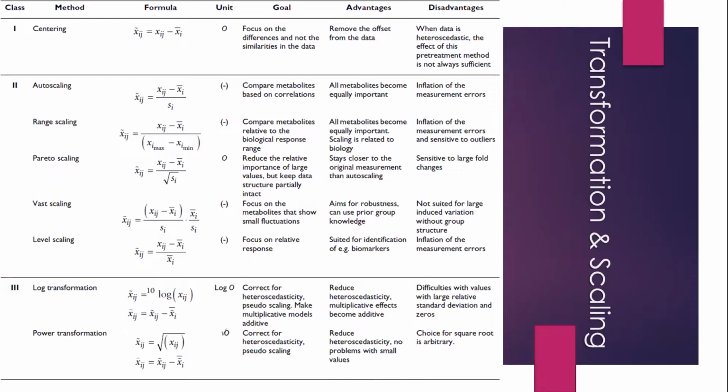You can see the various methods of scaling, how each is calculated, and then most importantly, the aim behind the transformation, the advantages and the disadvantages. I want to challenge you to go and look at this table and decide, not necessarily based on what your graph looks like in metabolomics alone, but also consider the advantages and disadvantages and what you want to achieve through your scaling.